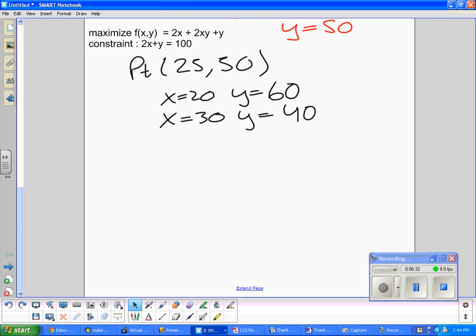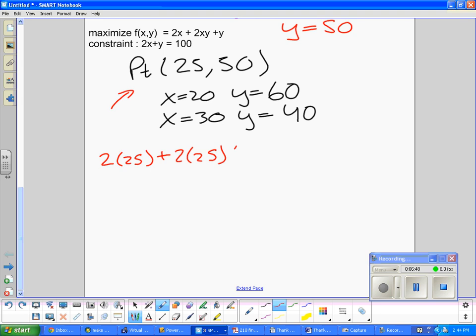So we'll plug in the point we got initially: 2 times 25 plus 2 times 25 times 50 plus 50. We get 50 plus 50 times 50, which is 2,500, plus 50, equals 2,600.